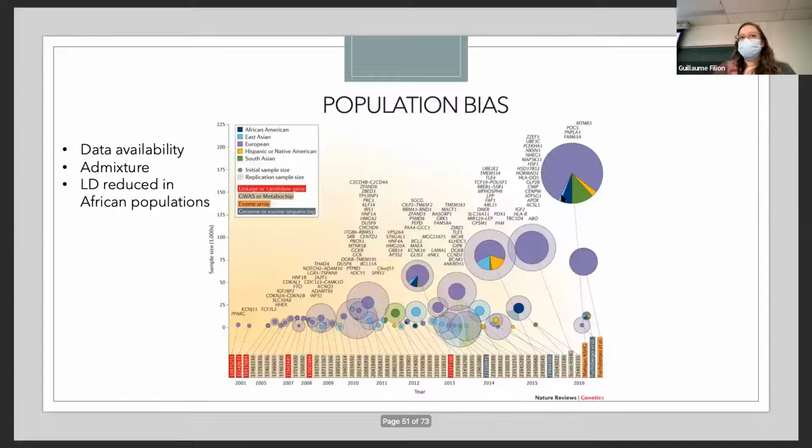And then, more biological, the linkage disequilibrium, the LD, is actually reduced in African populations. So what does that mean? African populations are older and larger, and so they have more genetic diversity, more haplotypes. And so the blocks of linkage are going to be smaller.